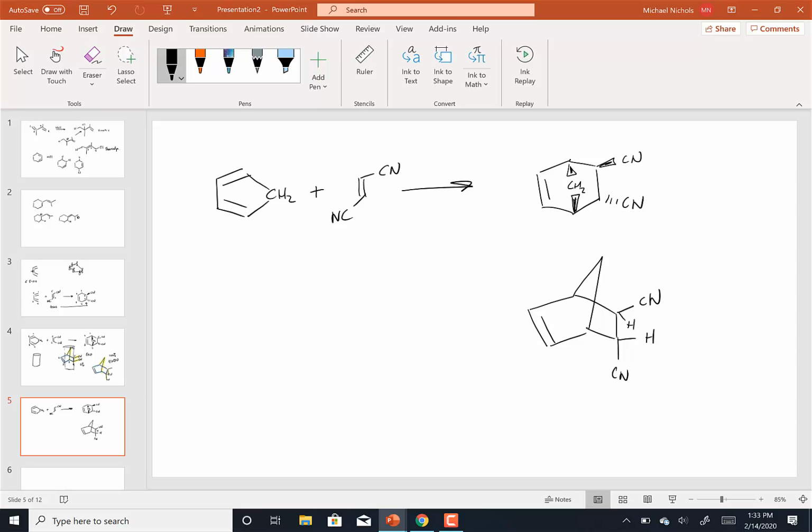Does that make sense to everybody? I mean, obviously, there's practice problems in Monday's quiz, but you can draw the structure either way. But again, exo and endo only refer to when the two groups are both equatorial or both axial. If it's one of each, it doesn't have a name.